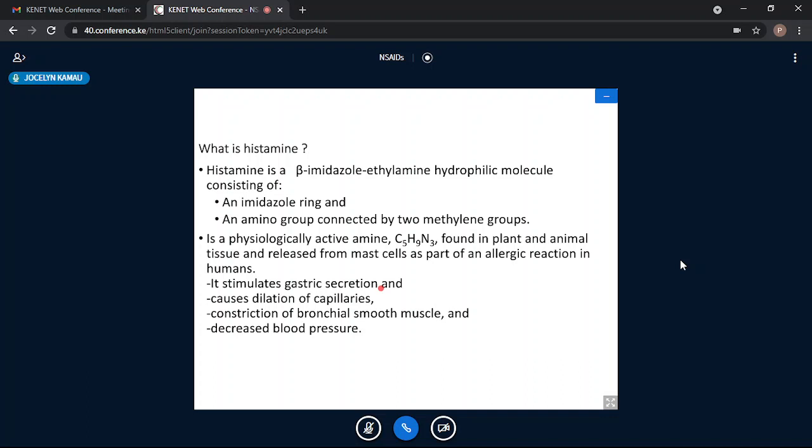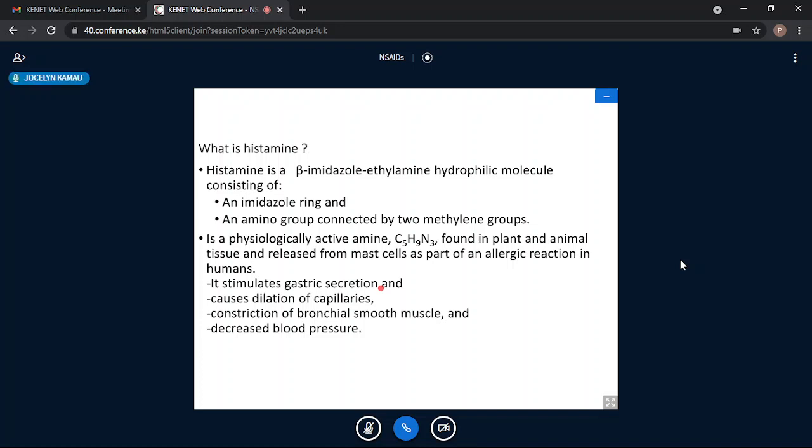It also has its physiological definition. It is a physiologically active amine with that molecular formula, found in plants and animal tissues and released from mast cells as part of an allergic reaction in humans. So when you are triggering an allergic reaction, you release some allergen.